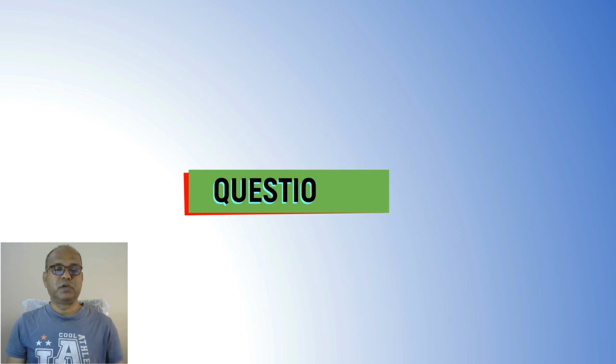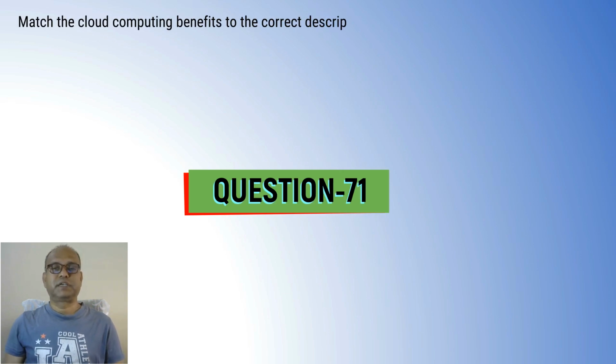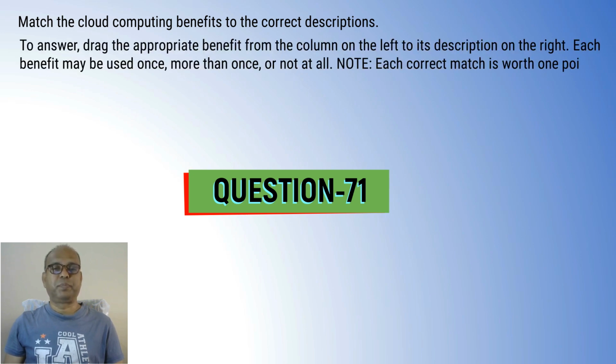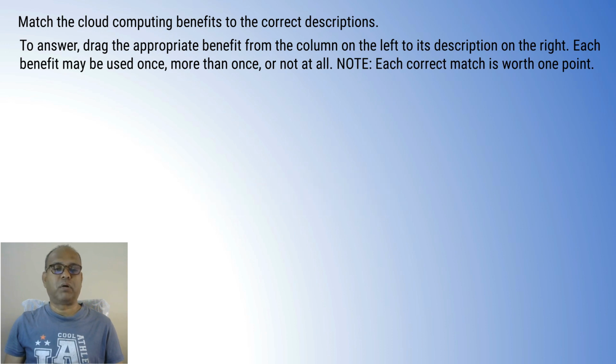Next question. Question number 71. Match the cloud computing benefits to the correct descriptions. To answer, drag the appropriate benefit from the column on the left to its description on the right. Each benefit may be used once, more than once, or not at all. Note: each correct match is worth 1 point.